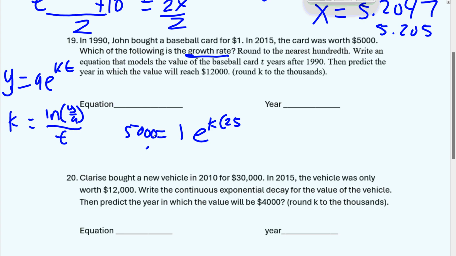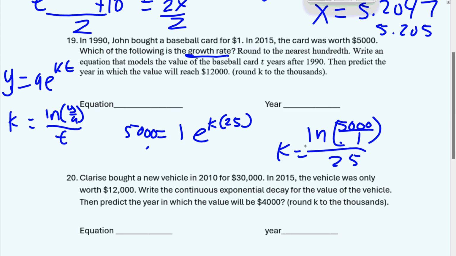Okay, so then I can solve this by taking my ln of y over a. y over 1 is just going to be 5,000, right? Over my years, and that will be my k value.